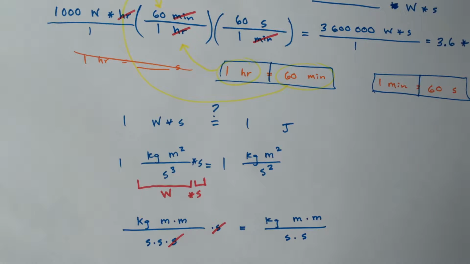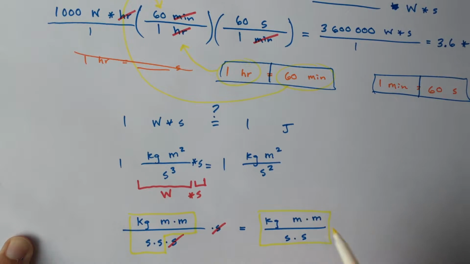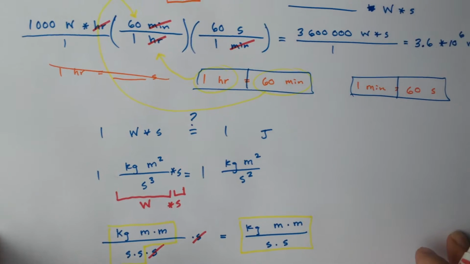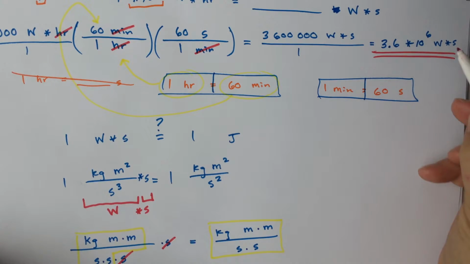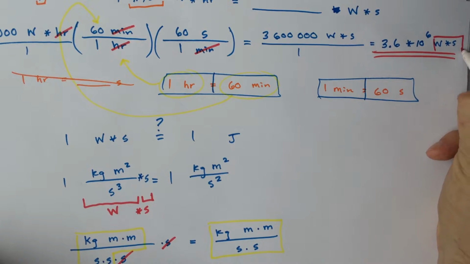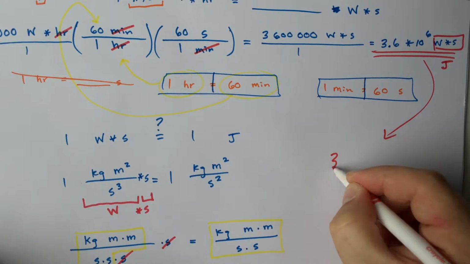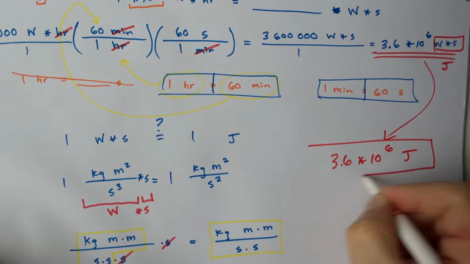We have, on this side, kilogram meter squared per second squared, and on this side kilogram meter squared per second squared. So 1 watt second is equal to 1 joule. So that is to say that if my answer is 3.6 times 10 to the 6 watt seconds, I can replace this watt seconds with the joule and say that my answer then becomes 3.6 times 10 to the 6 joules.